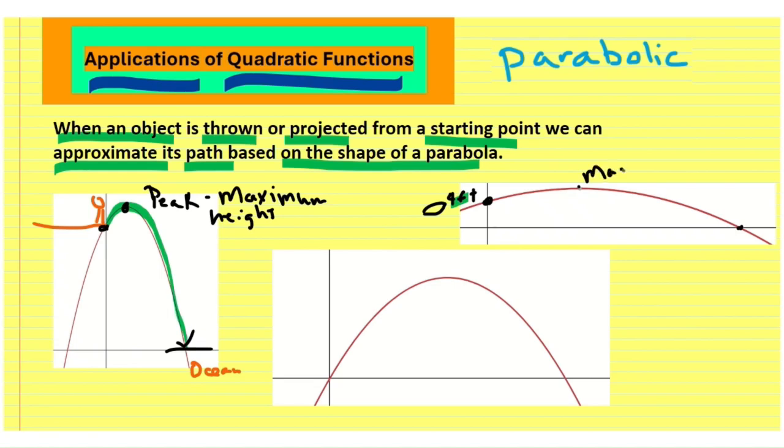It'll have a maximum height that it will hit in the air before it starts coming back down to the ground. This one right here, we're going to pretend it looks like a golf club. Does that look like a golf club? Probably not, but maybe. Okay, so that's a golf club, and we're going to hit a golf ball.